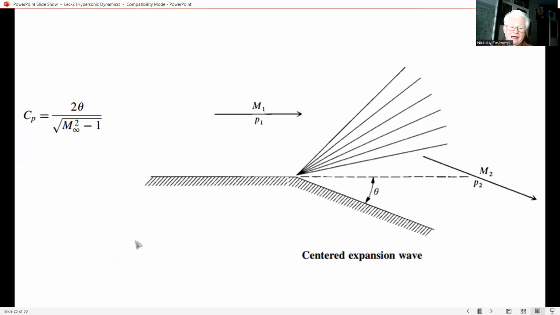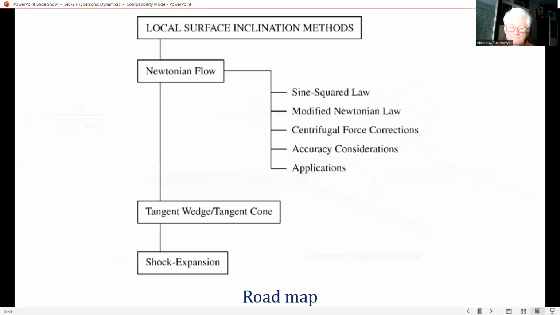Note that the material discussed in our lecture today, as well as the present module, is itemized on the far left side of the roadmap. Keep in mind that we are still discussing inviscid hypersonic flow, where essentially we are examining the purely fluid dynamic effect of large Mach numbers.